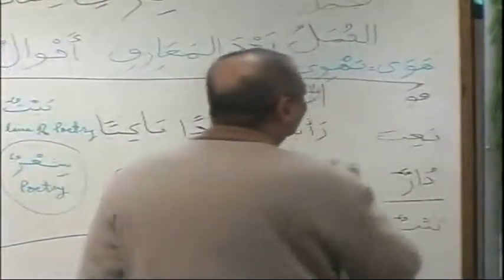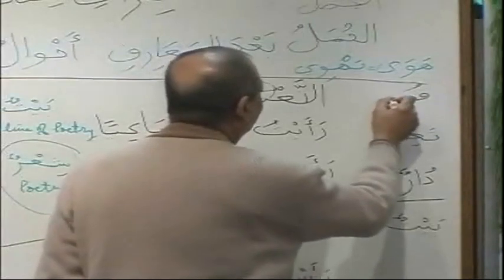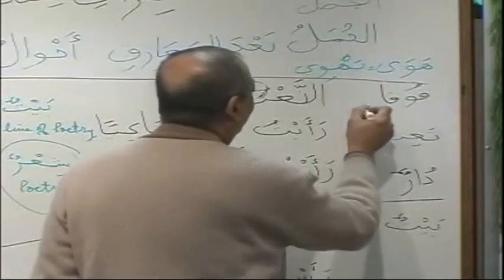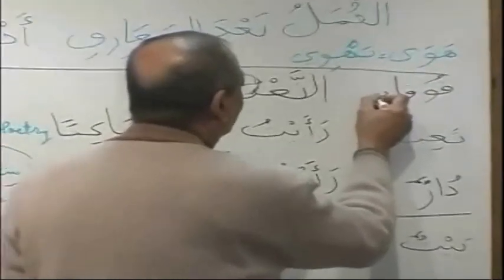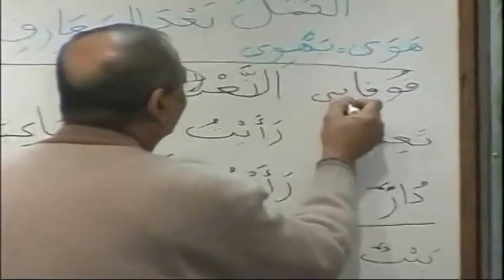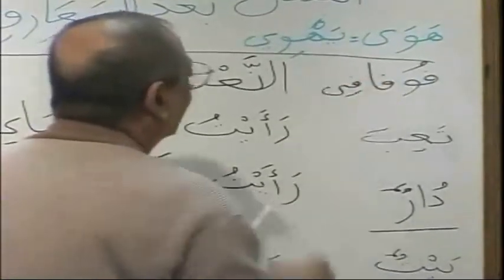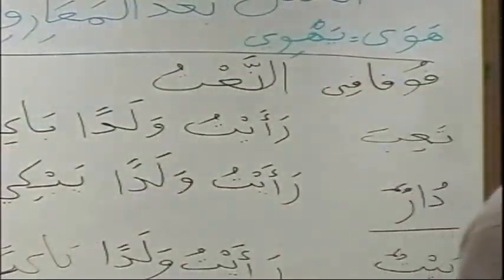So if those five Asma'ul Khamsa become mudaf, their spelling changes. So how will you make it fu marfu? With waw. And mansub? Fa. And majroor? Fi. Got the idea, brothers and sisters? So fa is mansub.